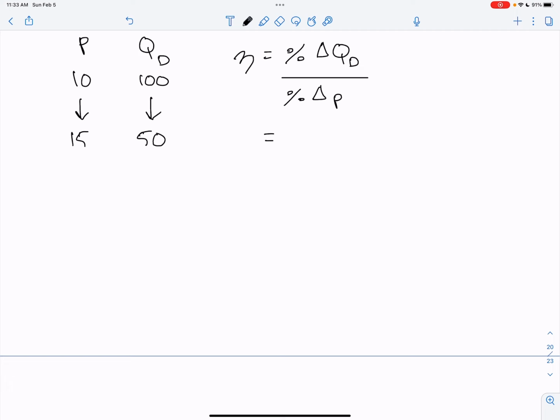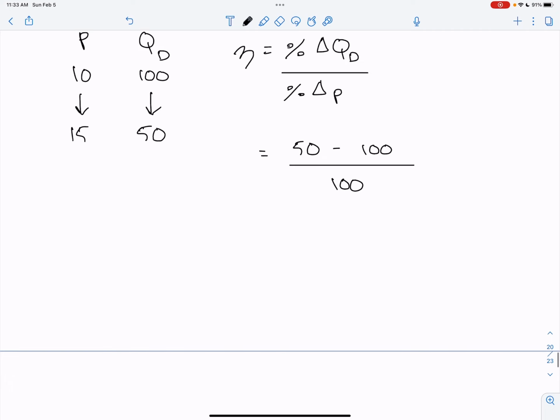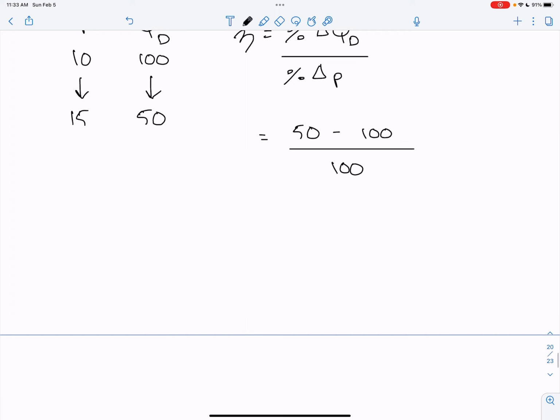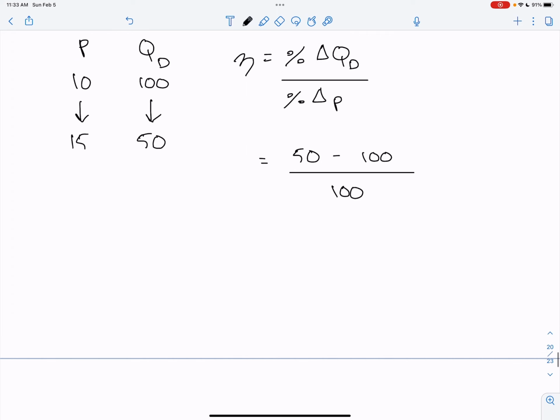So our initial amount is 100 and our final amount is 50. That's a change of minus 50. So we would do 50 minus 100. And then you would have to divide that by the initial amount, which is 100. By dividing this change by our initial amount, you get the fraction of the initial amount represented by the change. And now to get it in percentage terms, you would just multiply that by 100.